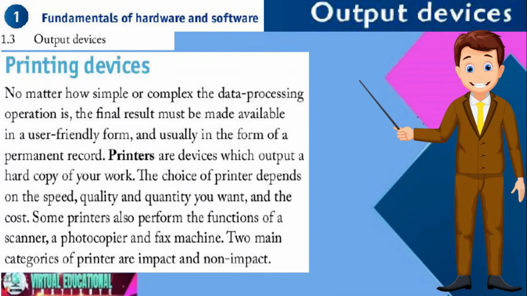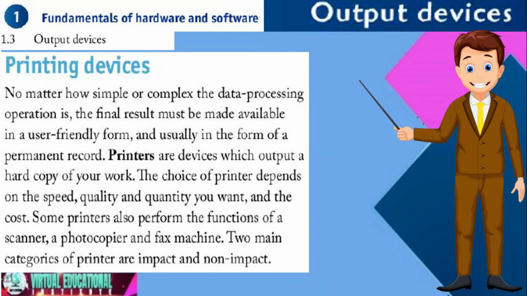That would depend on the speed of the printer, the quality at which your printer prints, the quantity you want, and of course, the cost of the printer. Some printers also perform the functions of a scanner, a photocopier, and a fax machine. Those are some functions different from printing that a printer will perform.